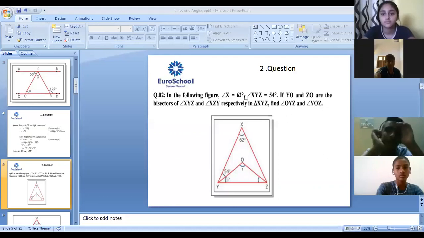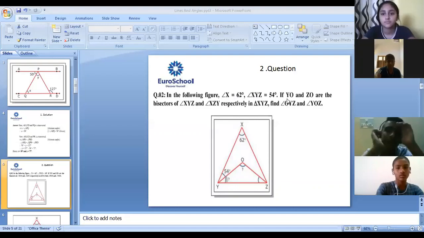So two values are given. Angle X is given as 62 degrees. Angle XYZ means this complete angle, given as 54 degrees. The value of Y is 54 degrees.